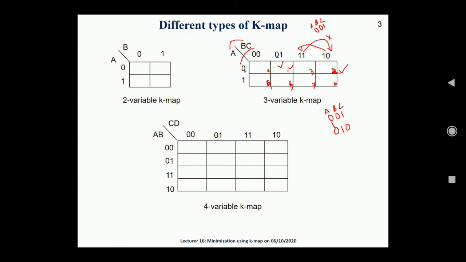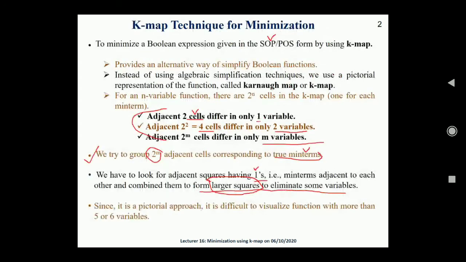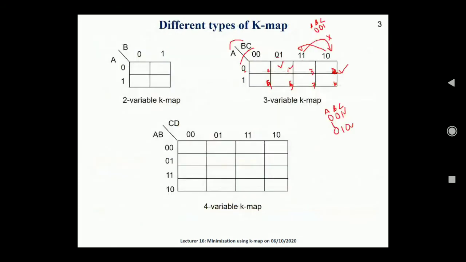How many variables are different? Two variables are different. But the rule is that only one variable should be different. To maintain that property, instead of 1, 0, we put 1, 1 here.